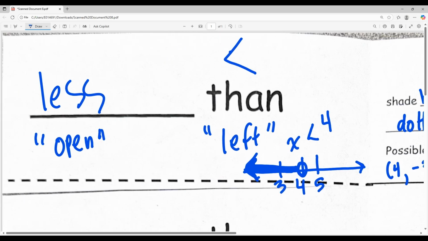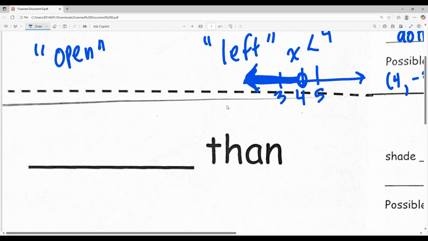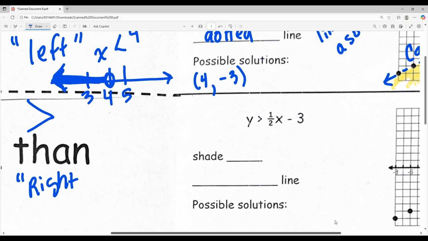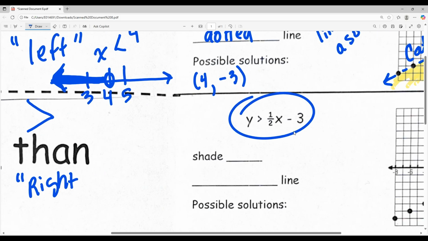Okay, now the next one, our inequality is going to the right. We're still talking about it being open, and this is greater than. So that means that our y values in terms of our inequality are getting larger.